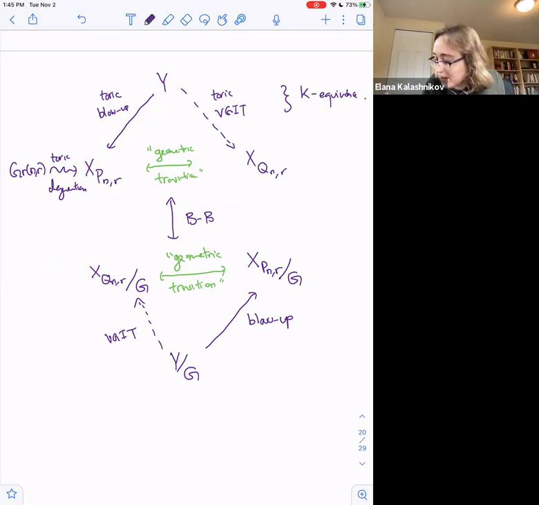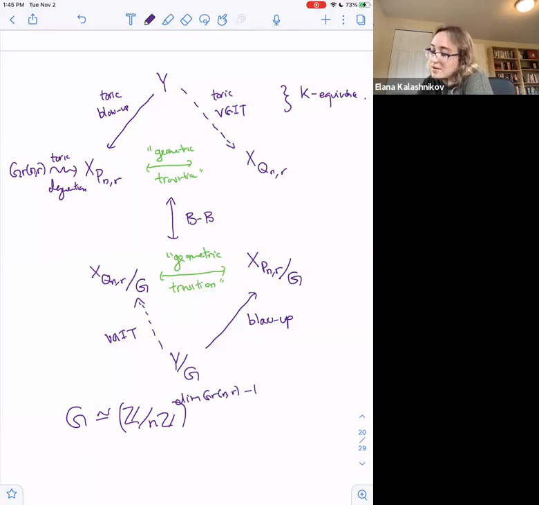So one important piece of information, which I forgot to say, is that this finite group G is isomorphic to Z mod NZ to the dimension of the Grassmannian minus 1. So now I'm going to talk about how you unwind the toric degeneration here.